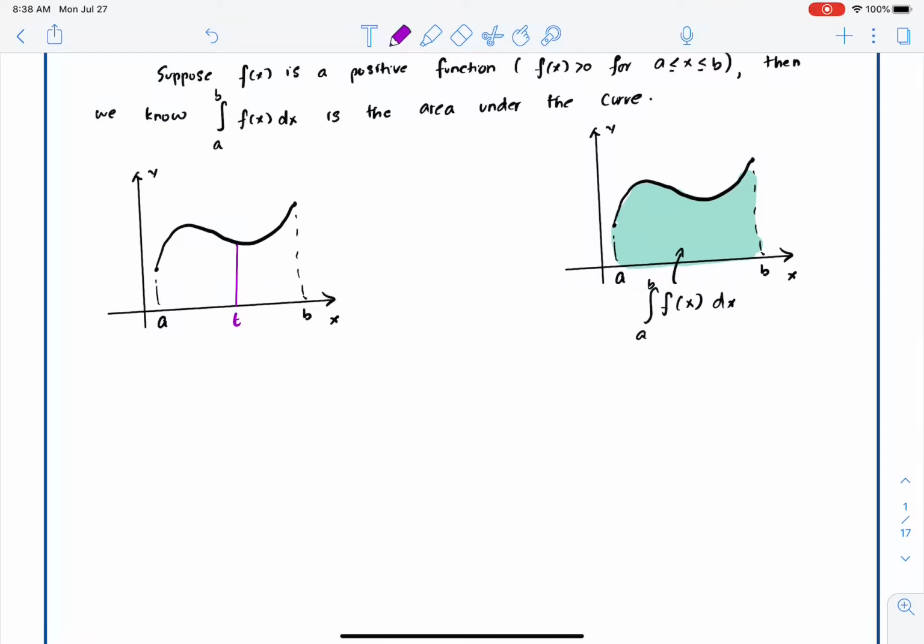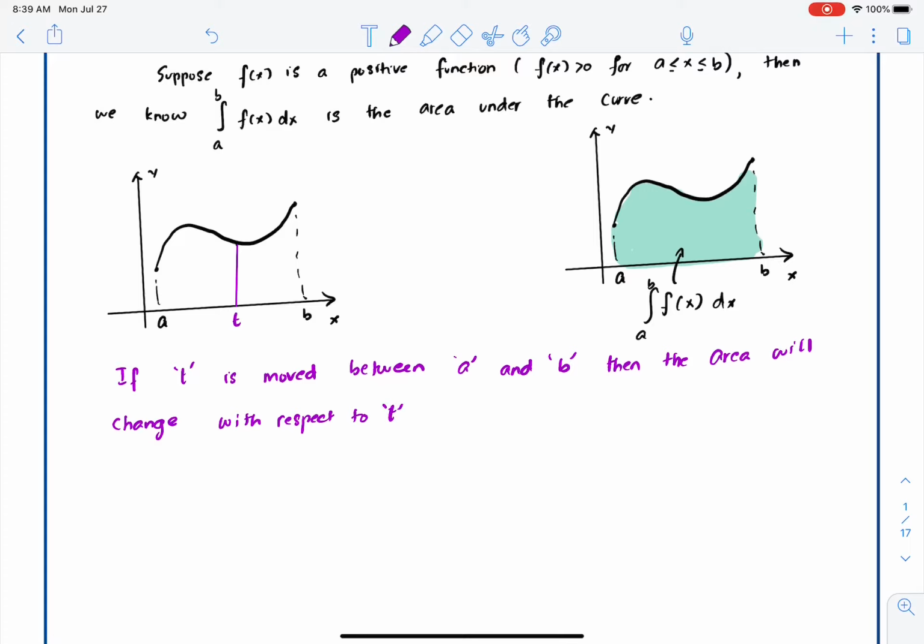So imagine if I move this t between a and b, then the area will change with respect to t.